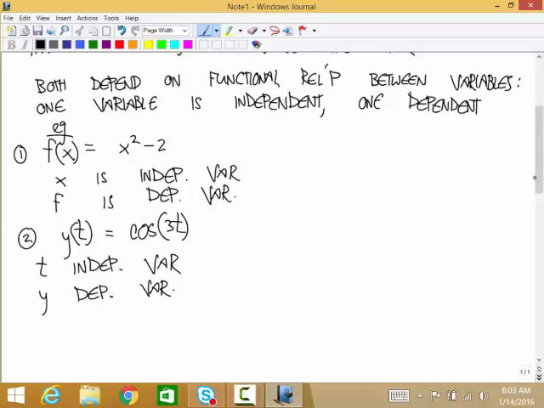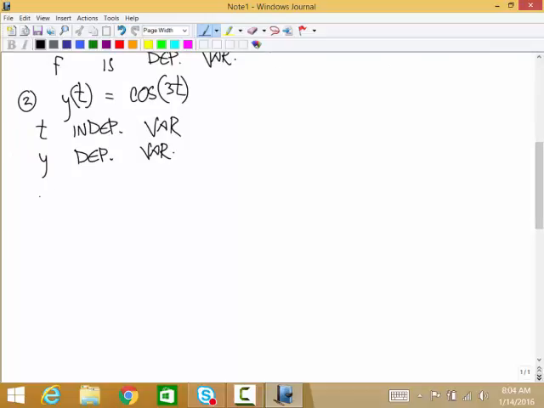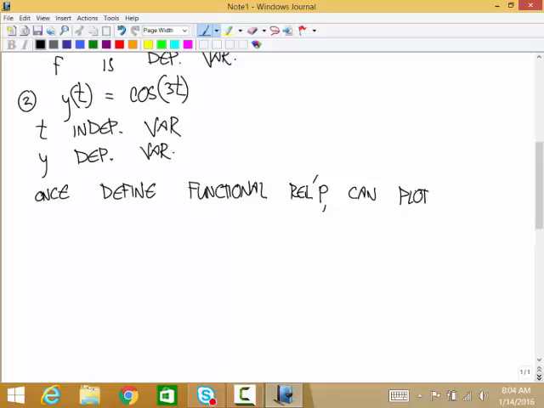Okay, and if you have a function like this, once you define a functional relationship like this, you can plot a graph of the dependent variable versus the independent variable.